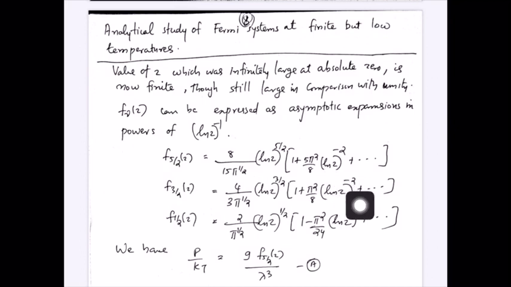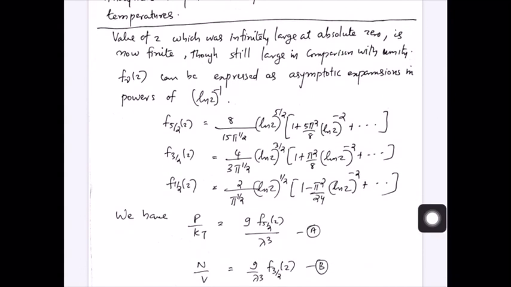In this case, where Z is very large in comparison with unity, the functions f nu of Z are expressed in powers of 1 by log Z, or log Z to the power minus 1. So for large values of Z, we can express the Fermi-Dirac function in terms of powers of 1 by log Z.